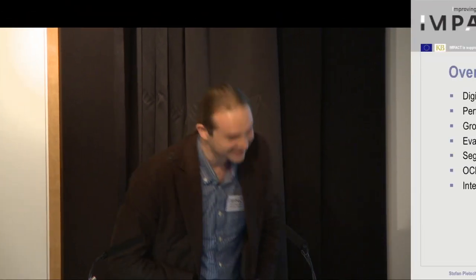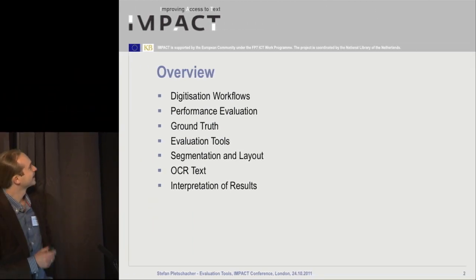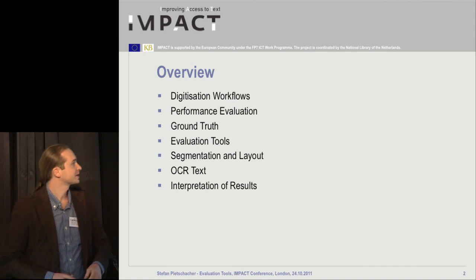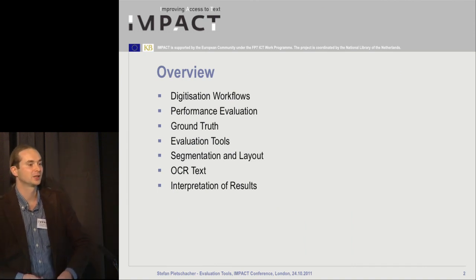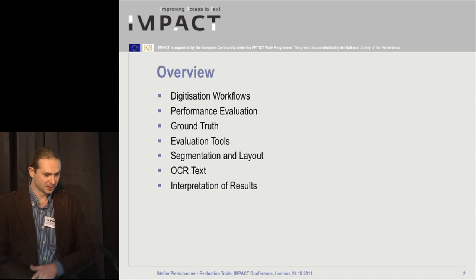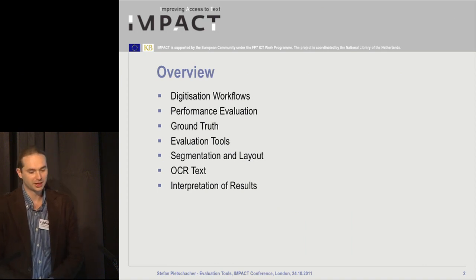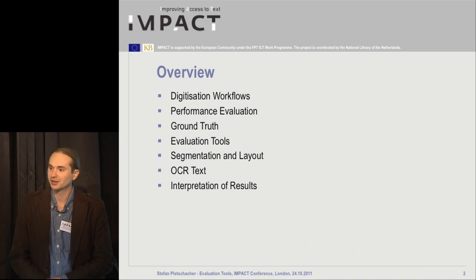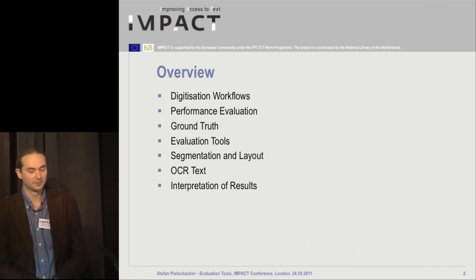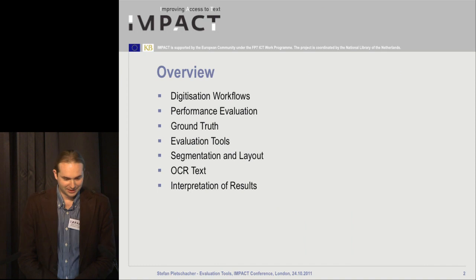But okay, quick overview. First of all, a few words about digitization workflows, so basically where we want to do evaluation and all that. Then a bit more about performance evaluation in general, what is required to do evaluation. And ground truth, we've heard that term so many times now, I'll explain hopefully a bit more what that is.